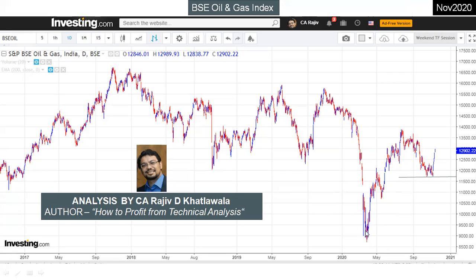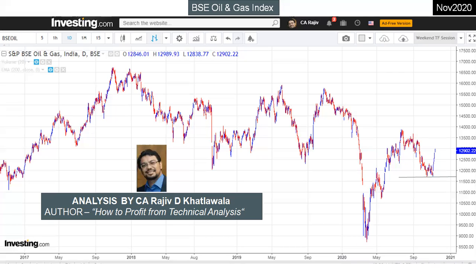This jump from 8,700 to the 13,000 plus level was helped by the rise in the Reliance Industries stock, which is a part of this particular index. So let us try to understand what the technical structure is as of today and what we can expect in the future.